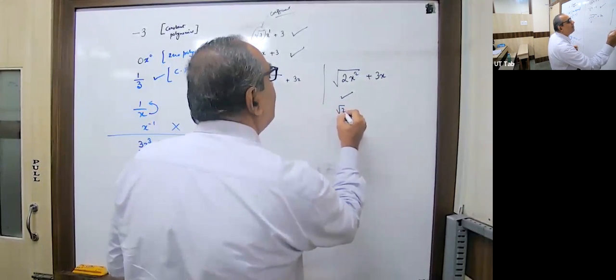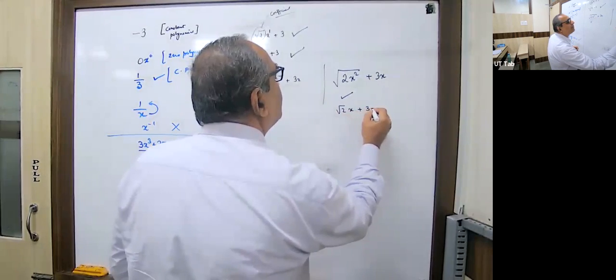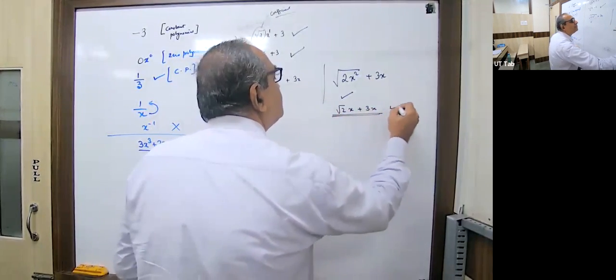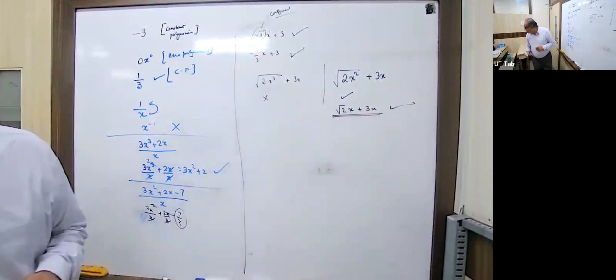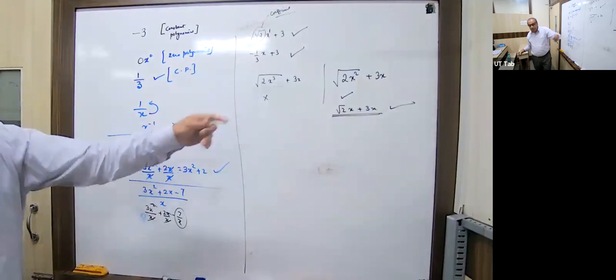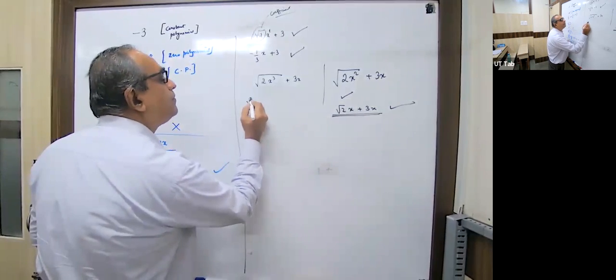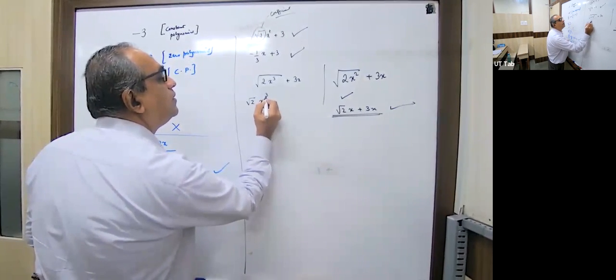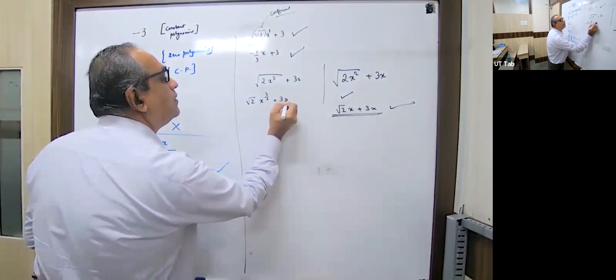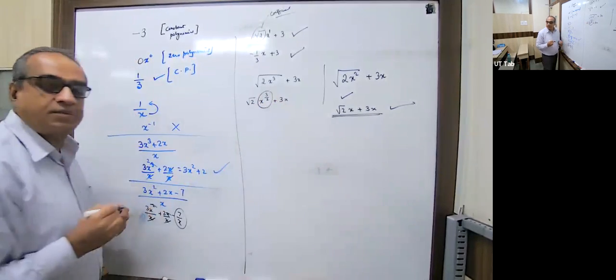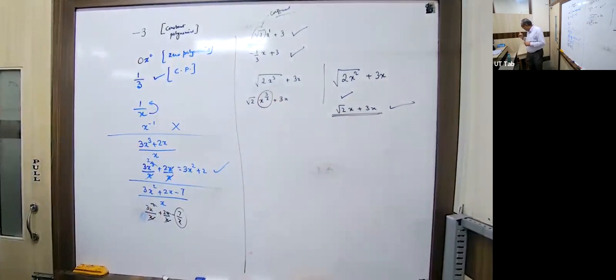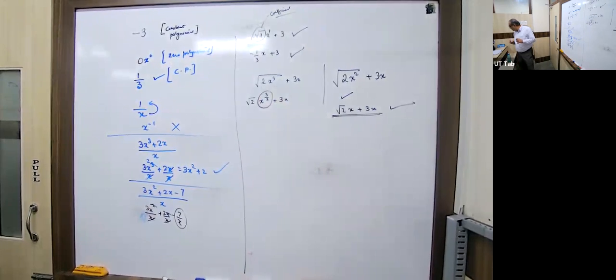Beautiful, lovely understanding. Very good. Whereas this is not, because square root, son, what will this become? Understood this? Understood why it is not? Very good, beautifully shared. Is this clear?